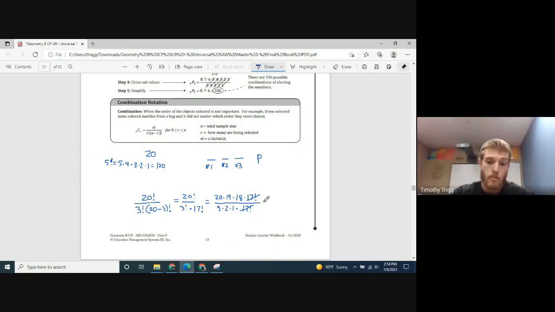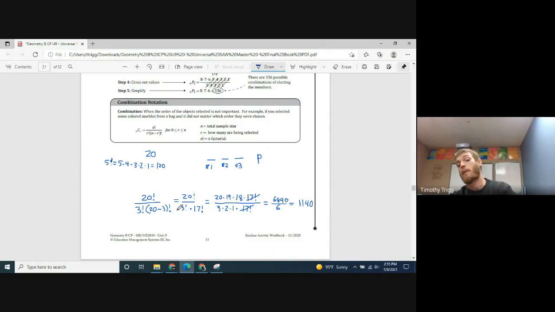Okay. So on top, we just have 20 times 19 times 18, and on bottom, we just have 3 times 2 times 1. So on the top is 6,840, over 6. So that gives me 1,140 different combinations.